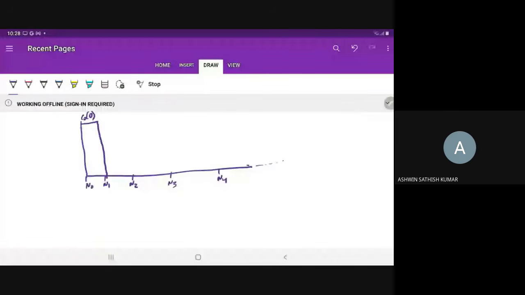This is the graph of the C naught 1, C naught 2, C naught 3, C naught 4, and C naught 5, and so on. Right?